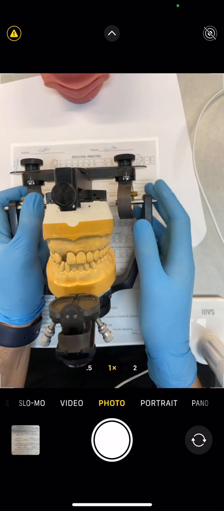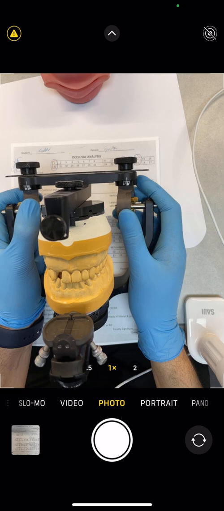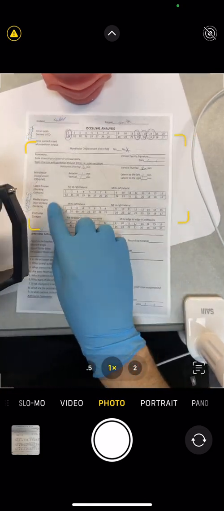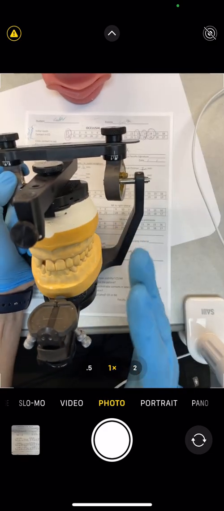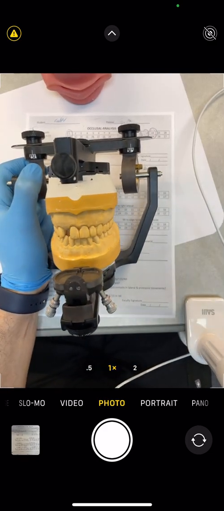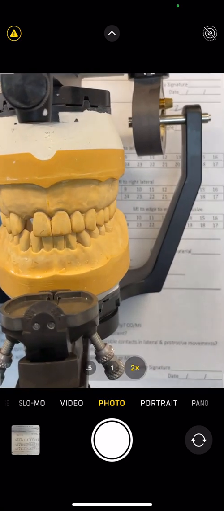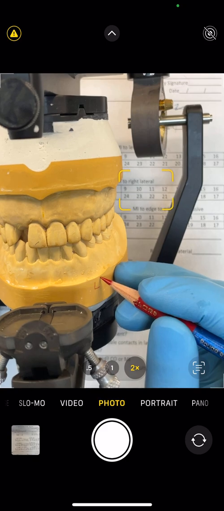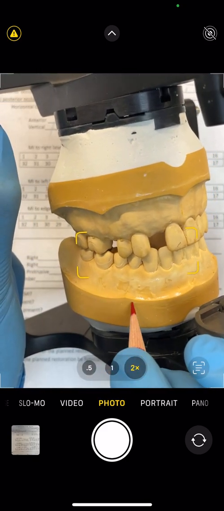So now, after you correct the angles, you're ready to start doing dynamic movements. We will start with the working contacts. This is the patient left, and this is the patient right.